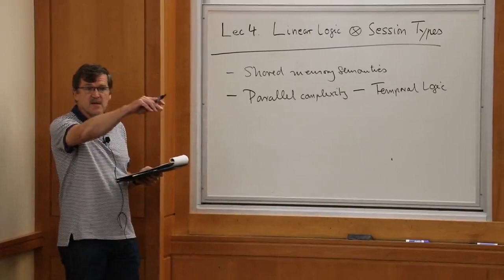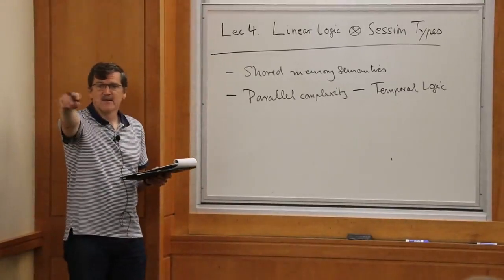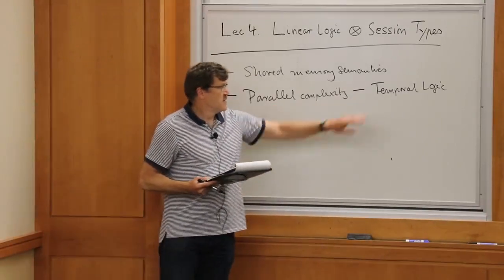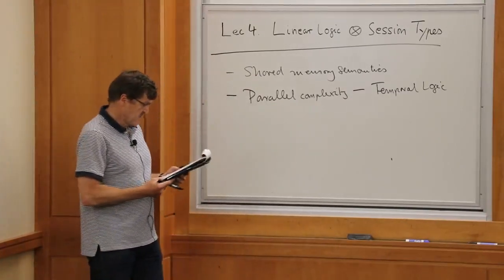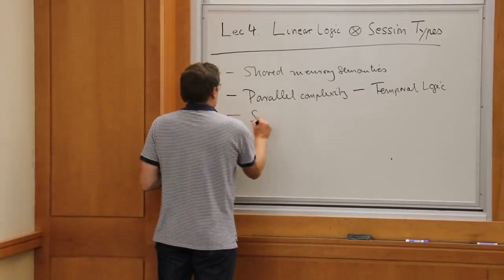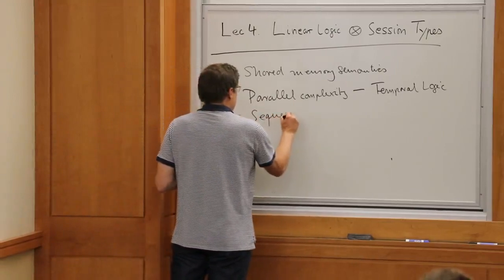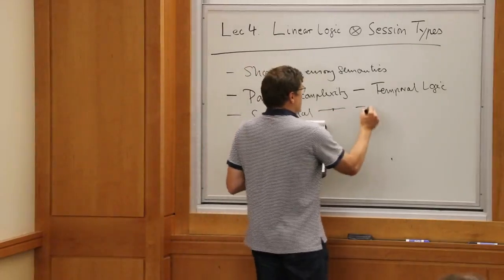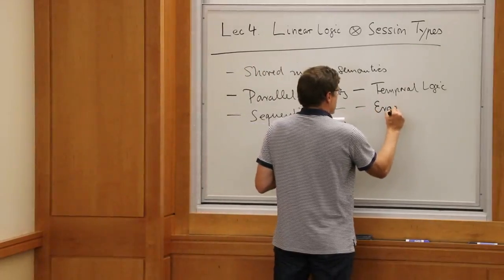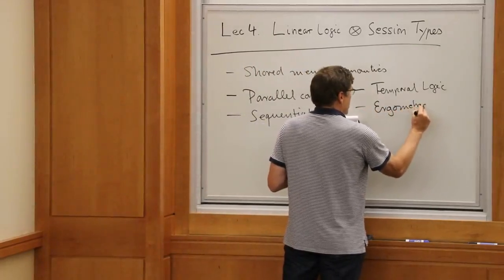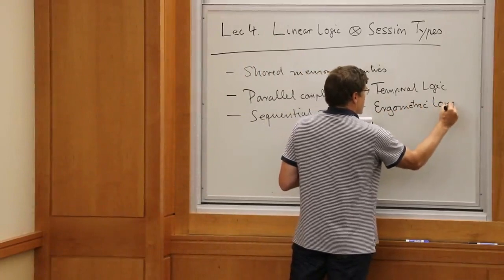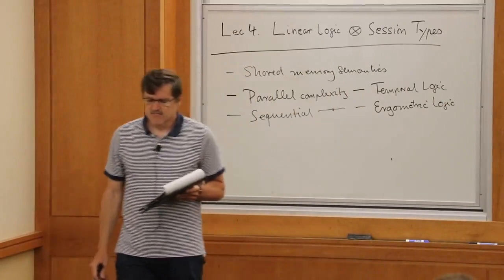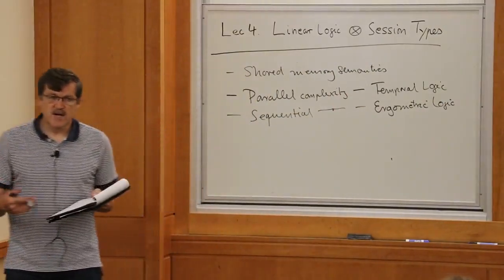And Siva, who's sitting back there somewhere, is working with some new aspect of this that's not yet been published. And then we also worked out sequential complexity on top of that. For that, we need what I call an ergometric logic. Essentially, we cast into a type system or a logic the amount of work that a given program has to do.